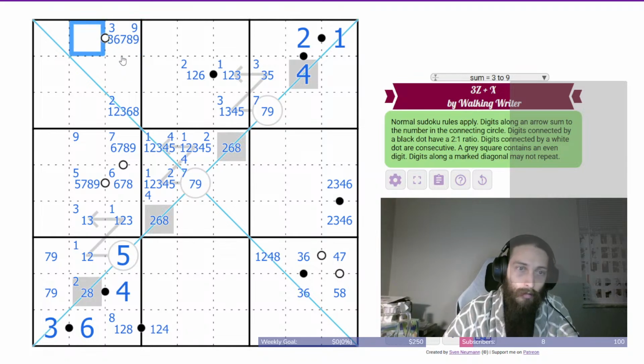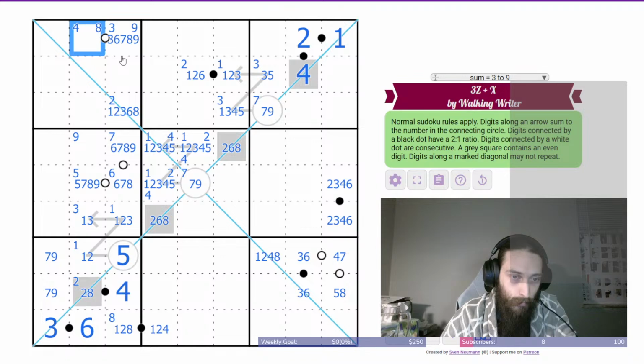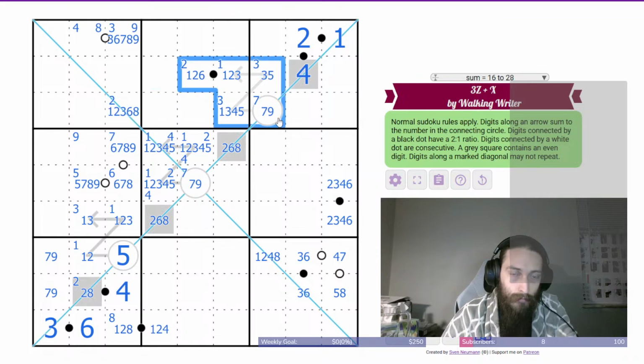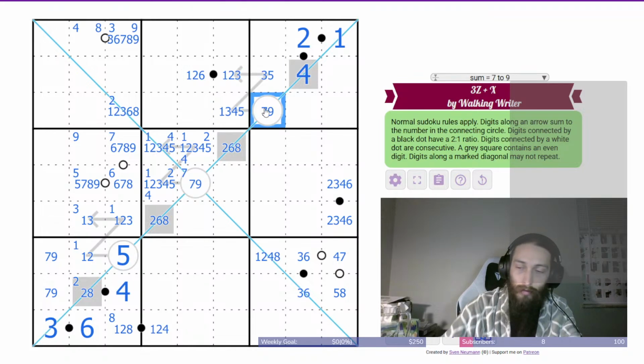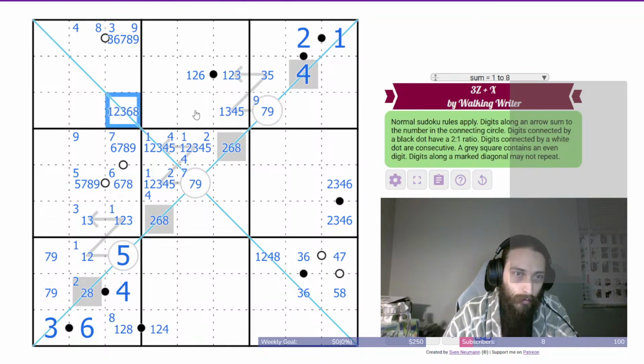So it's 3 or 9, which means this 4 or 8. Oh. All that stuff was if this was 7. But because this is 9, that 2's not accurate.